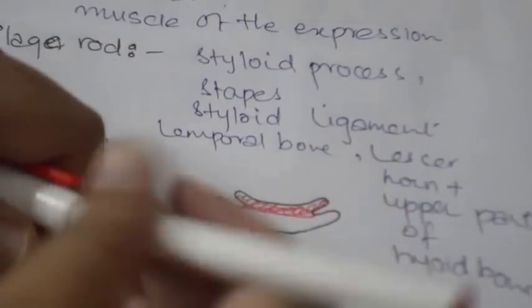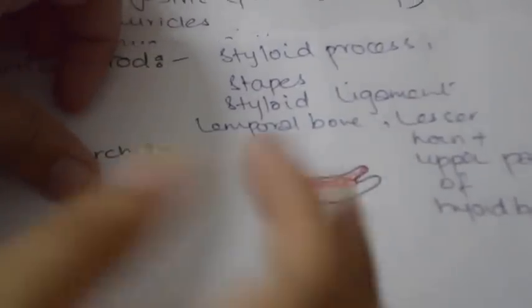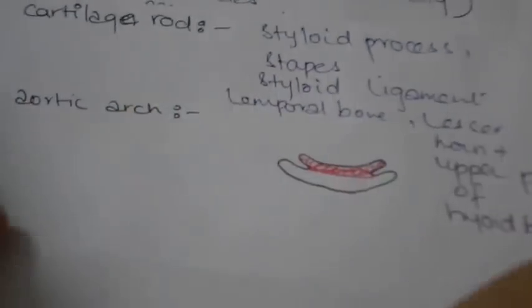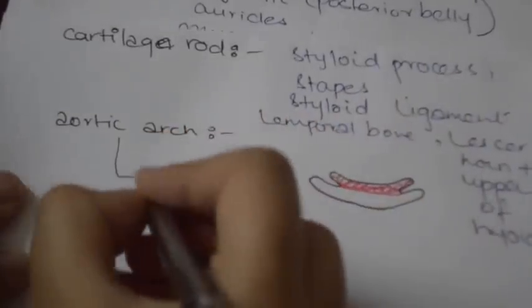This red part is the part that is formed by the second pharyngeal arch. Now about the aortic arch.